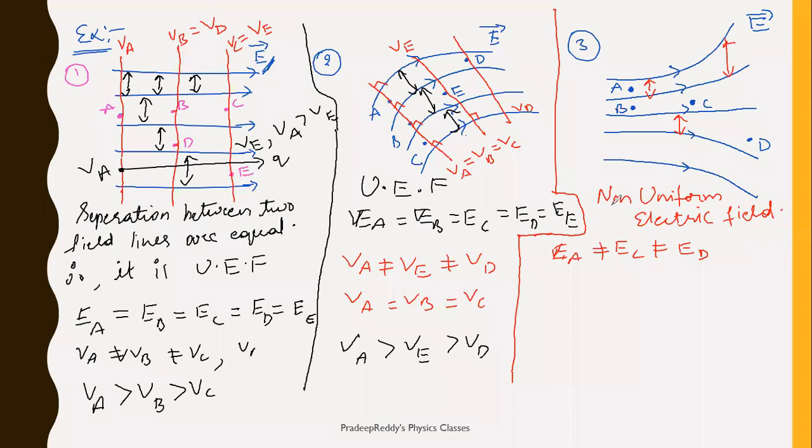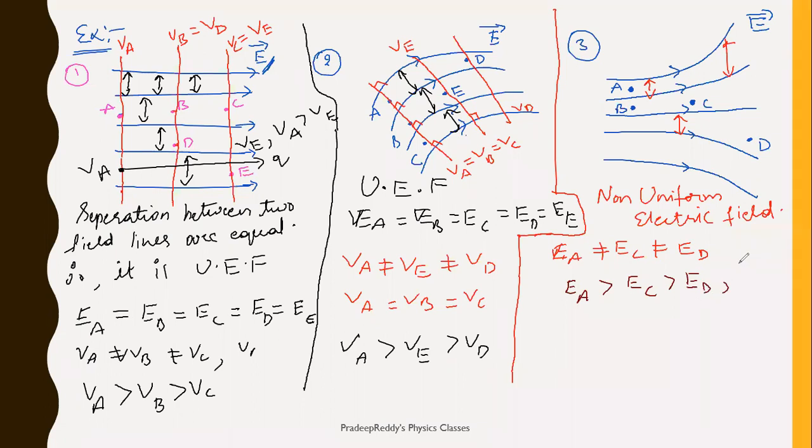If the field is smaller, the density of the field lines is smaller. So simply you can write the density here is greater, right? At position A they are very much closer. And at position D, the field lines are separated by a large distance. So the density will be less, the population decreases. Therefore, E at A is greater than E at C is greater than E at D.